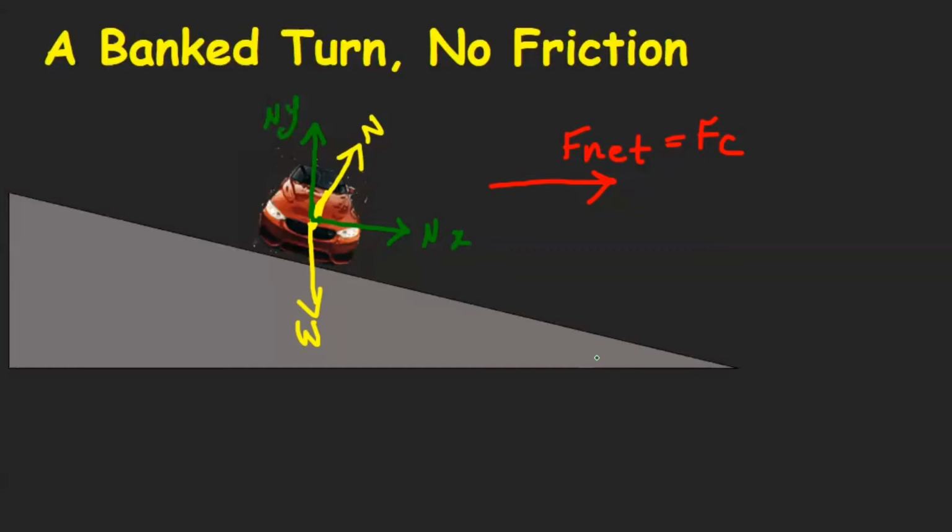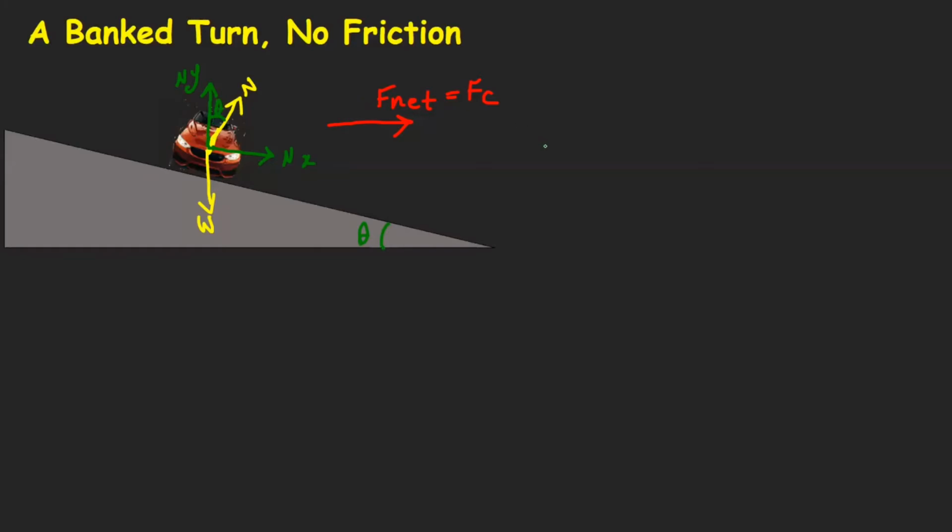If we say this angle is theta, if we use our math knowledge, we see this angle also is equal to theta. Now, because we know the car is not accelerating vertically, sigma Fy should be equal to 0. It means W plus Ny should be equal to 0.